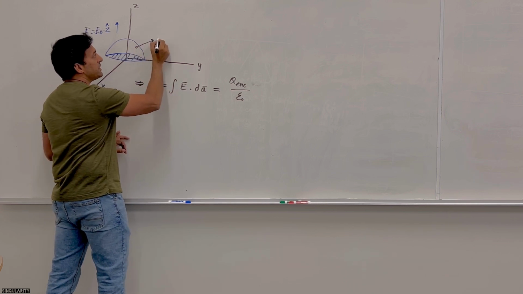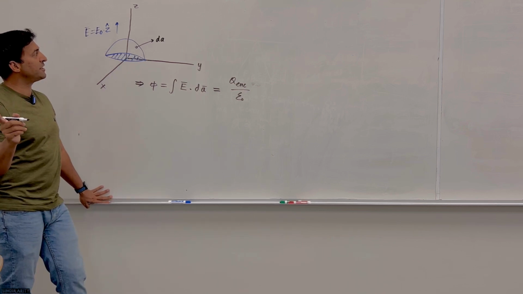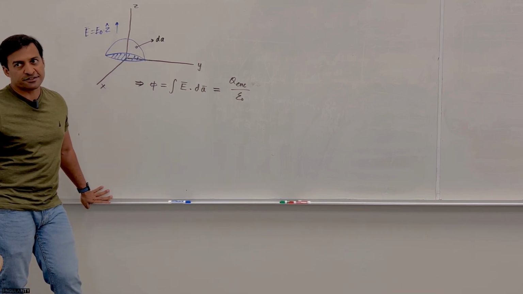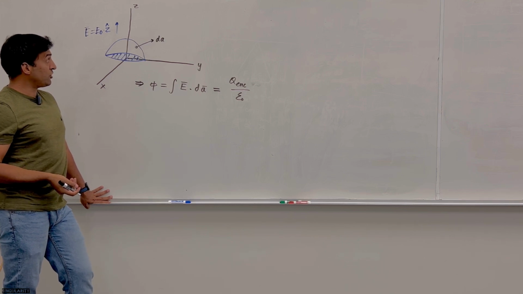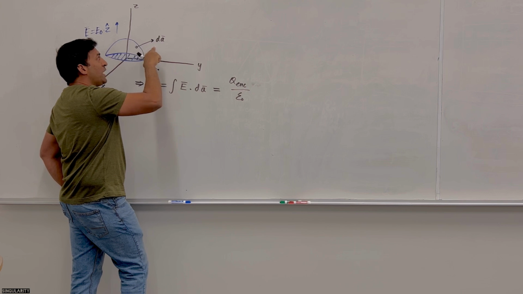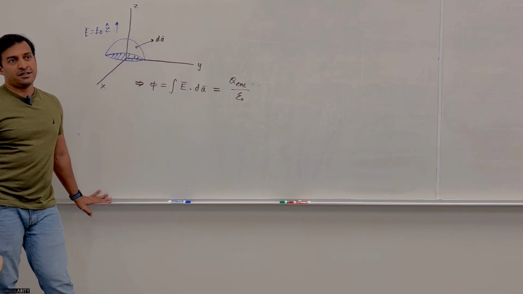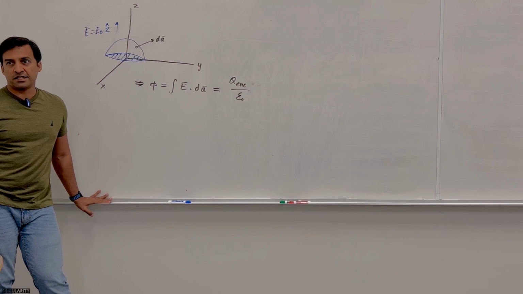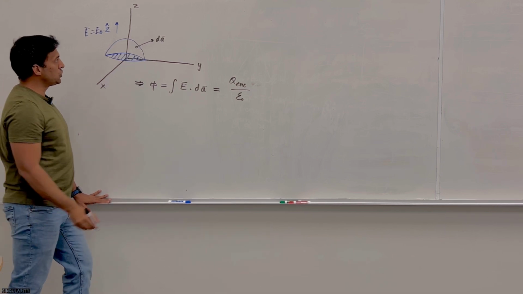Okay, so this is dA. I'm just going to take one area element, then I'm going to generalize it, since the entire surface is divided into a lot of area elements. So this is the direction, and now you see the area is a vector quantity here, and this vector is not directed along any particular axis. When this happens, we divide that vector quantity into its components. I'm just going to show two components.